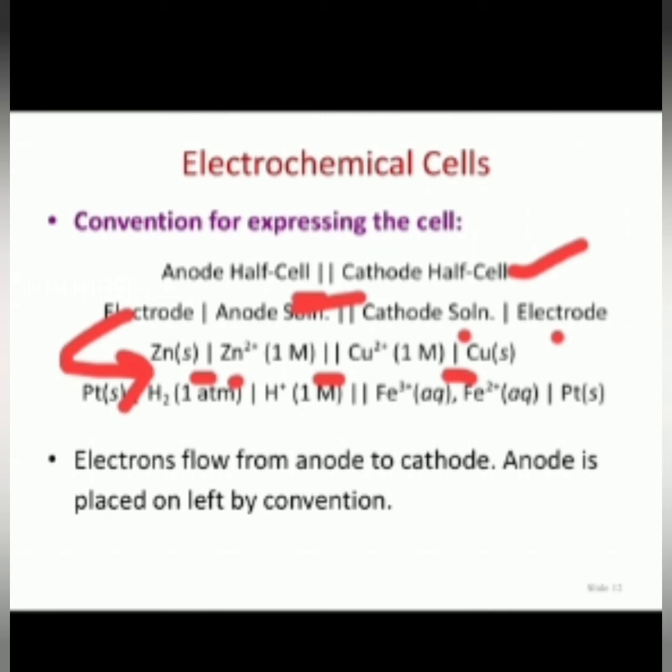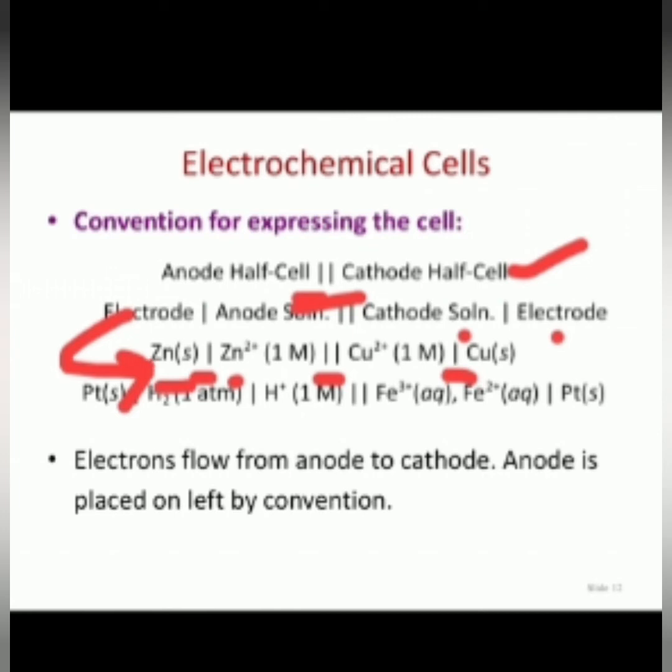As the left hand side is the zinc electrode, first we write zinc strip as solid, then a vertical line. After that, the zinc strip is placed in zinc sulfate solution, so after the first vertical line we write Zn2+.